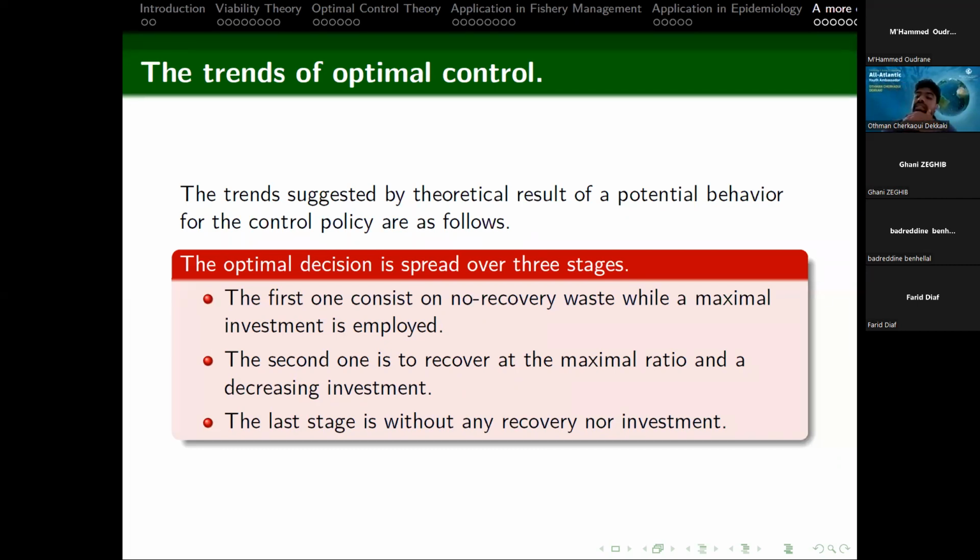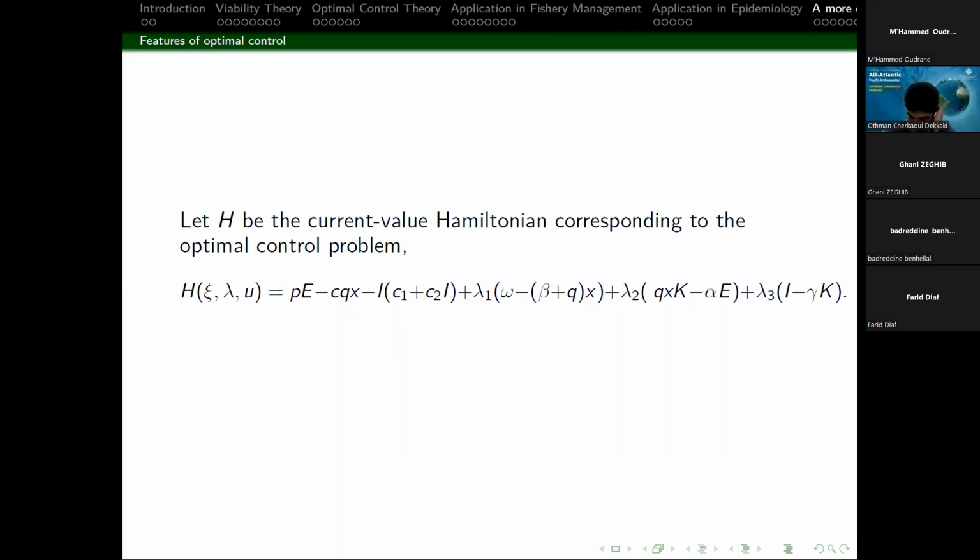And in the later stage of the activity, when you reach the 30th year, close to the end of the contract, there is no recovery and no investment. In the later stage, you're going to take an early retirement. You're not going to invest anymore, you're not going to work anymore, you're just going to take your money and leave it. You're not going to touch it. You're going to enjoy your benefit.